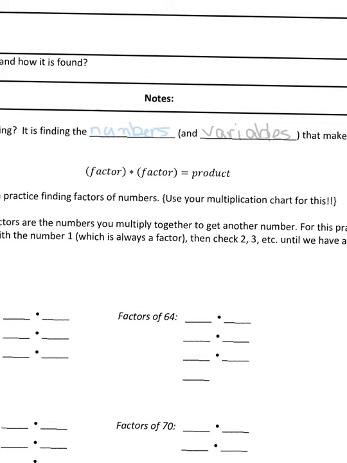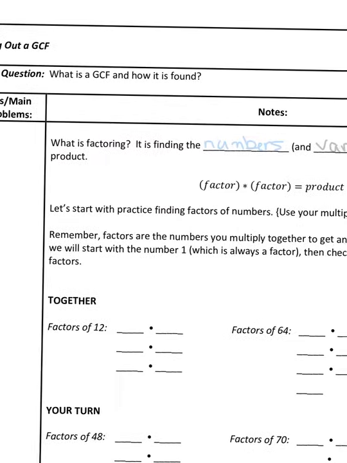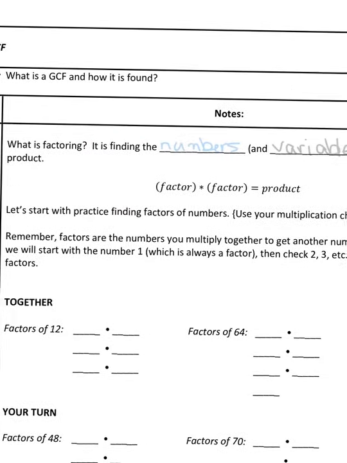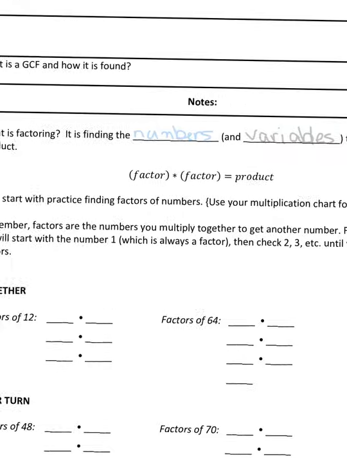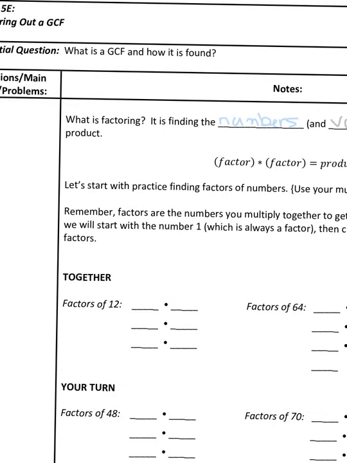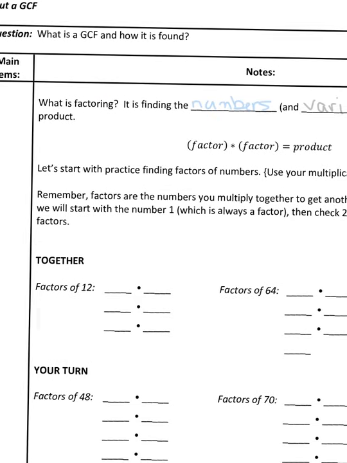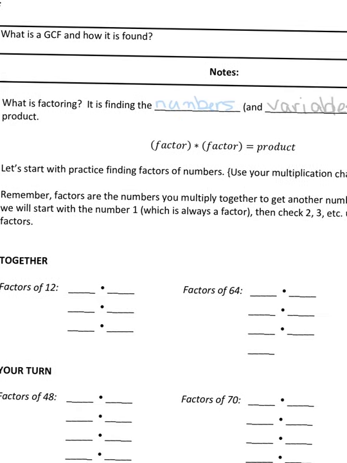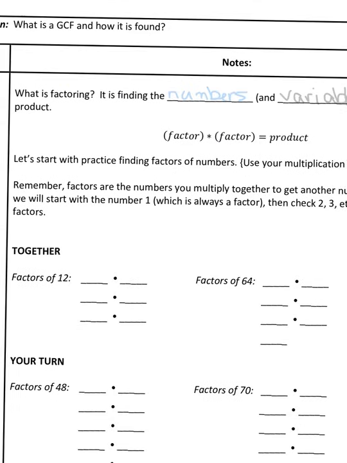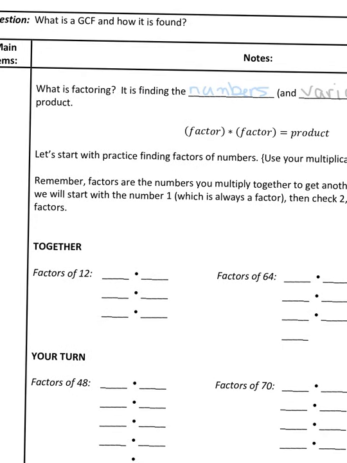So if we look at what it says in our notes, it says, let's start with practice finding factors of numbers. As I mentioned, your multiplication chart can be helpful. Remember, factors are numbers that you multiply together to get another number. For this practice, we will start with the number 1, which is always a factor. Then check 2, 3, 4, until we have all of the factors. Let's make a note here that we are not looking for prime factorization. So we're not going to be doing factor trees this unit.